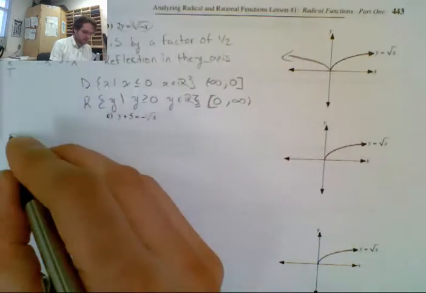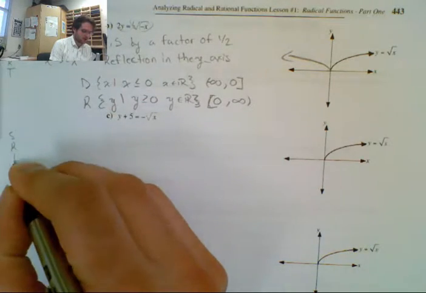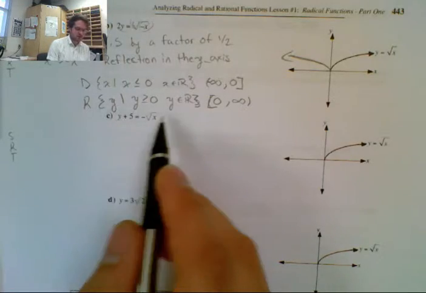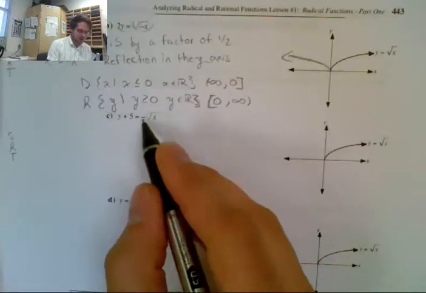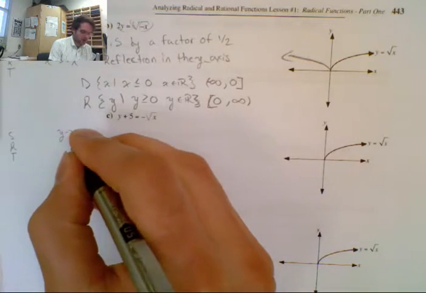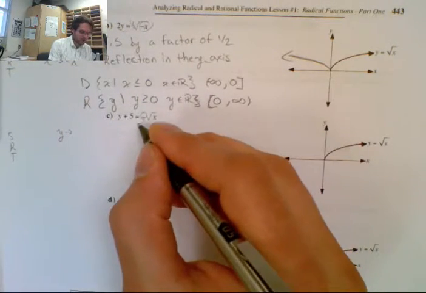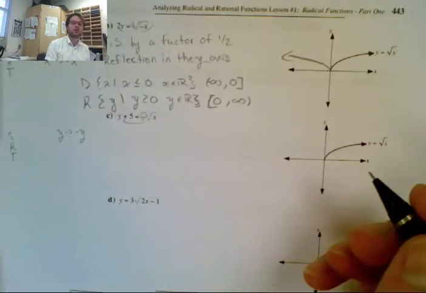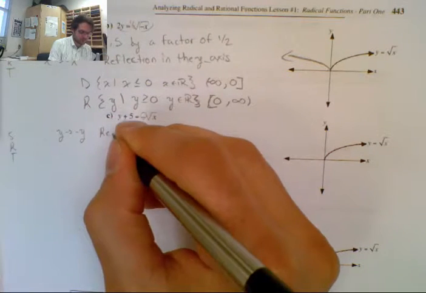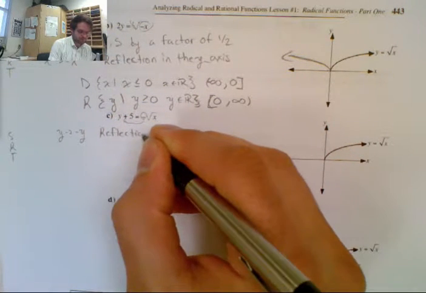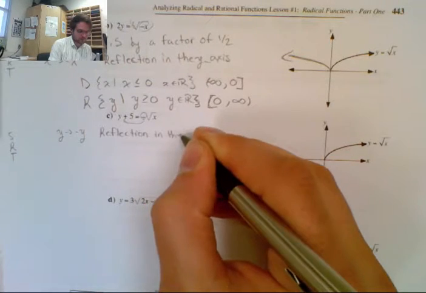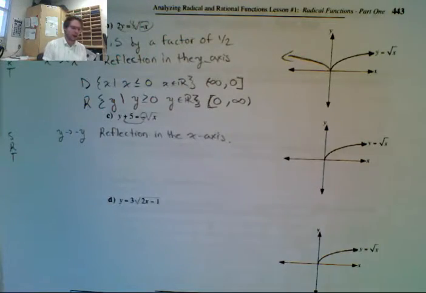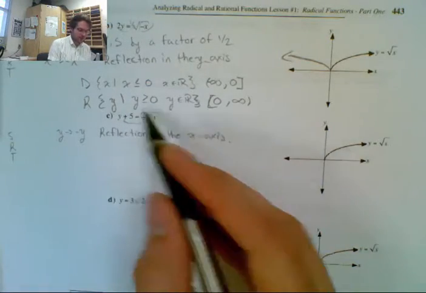Alright, now let's take a look at C. So, once again, we have to look at stretches first, stinky, rotten, tomatoes: stretches, reflections, translations. So I look at stretches, there's no stretches. Okay, reflections, in this case, y got replaced with -y. So that means we have a reflection in the x-axis. Now we look at here. What else happens?